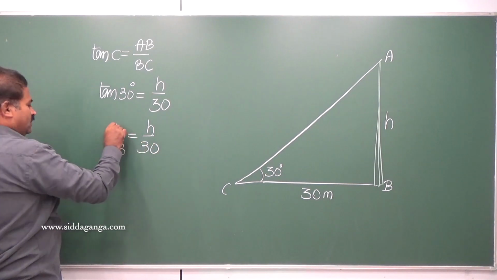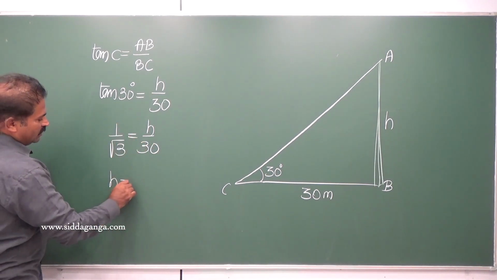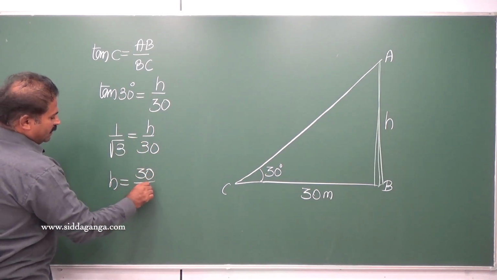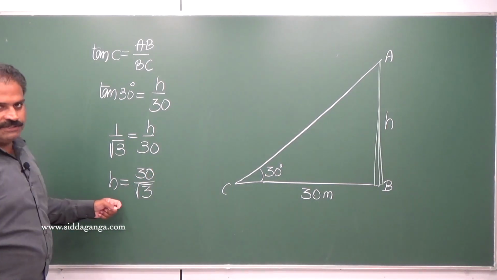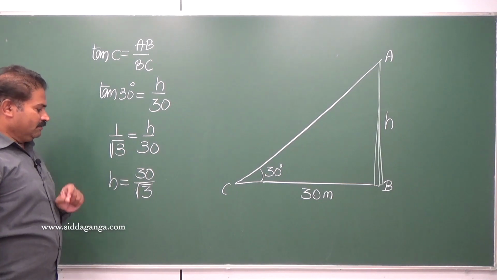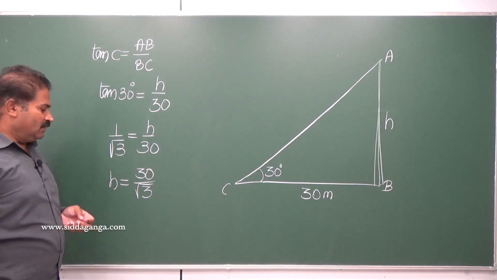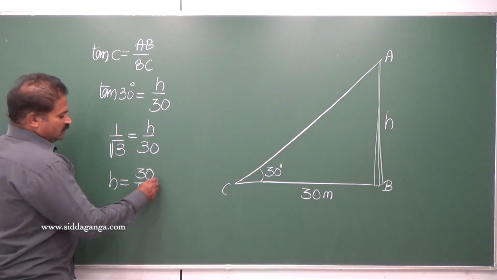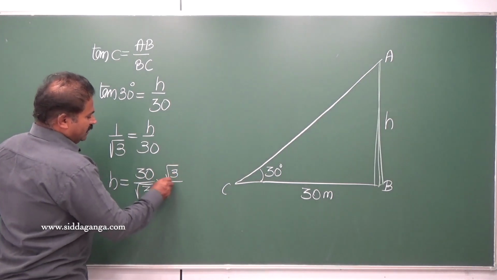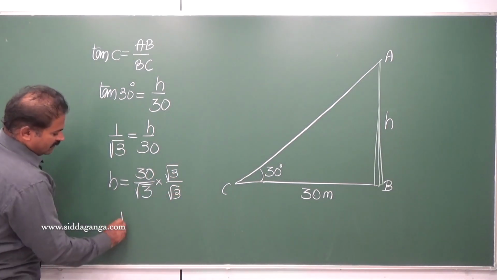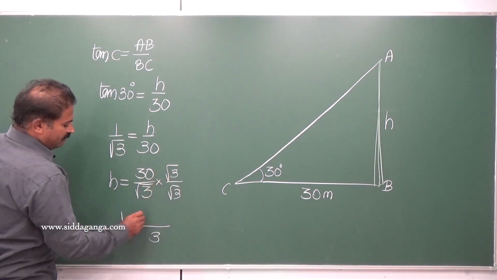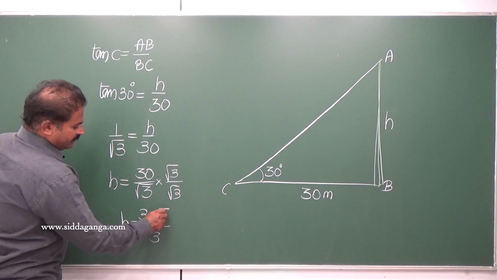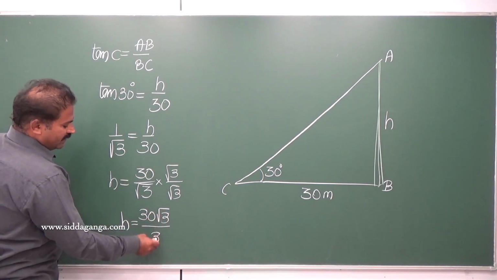You can shift 30 here. That makes H equal to 30 divided by root 3. So will this be sufficient? No, you can reduce it by rationalizing the denominator. How are you going to do that? Multiply and divide by root 3. So that will give you H is equal to root 3 into root 3 is 3, upon that you have 30 root 3, and 30 will be divided by 3.